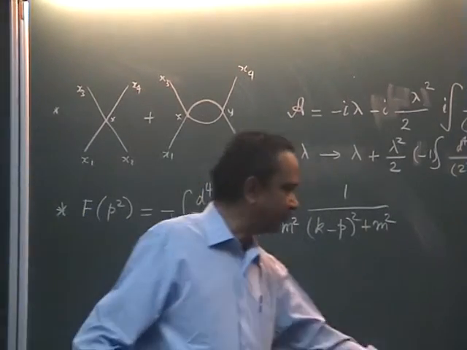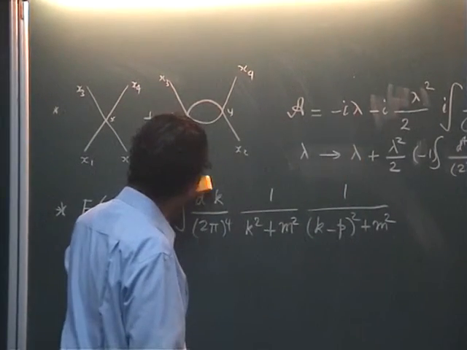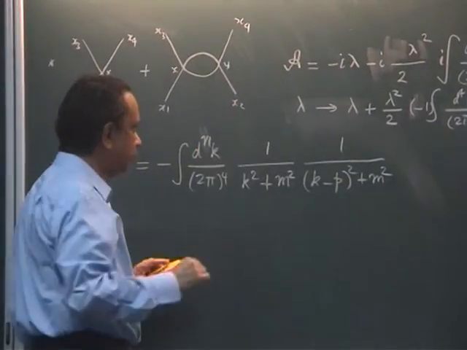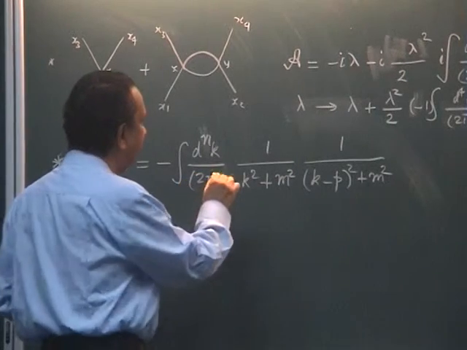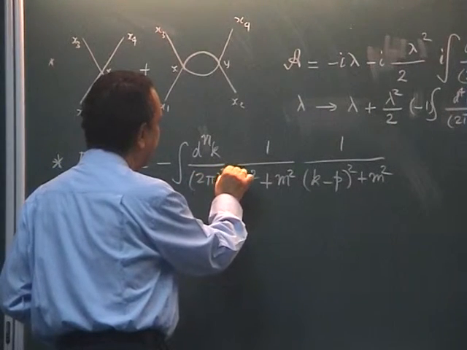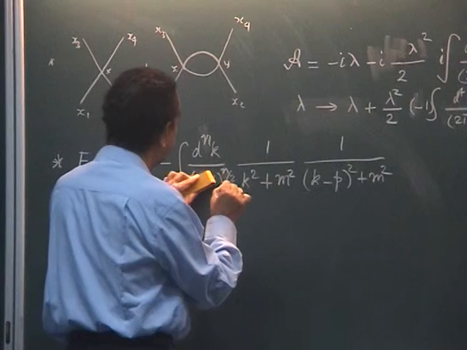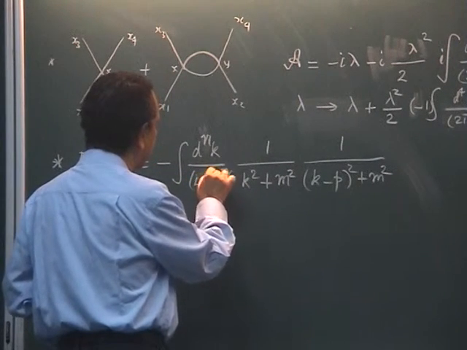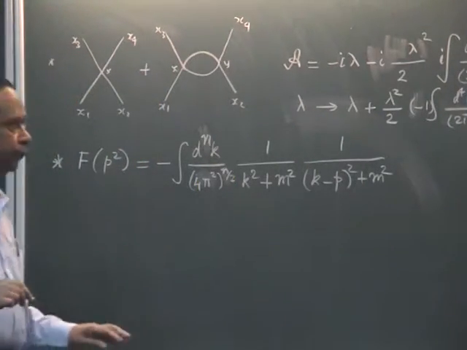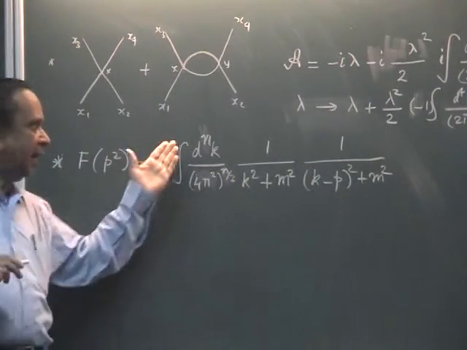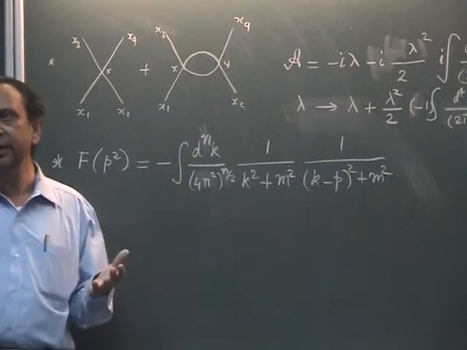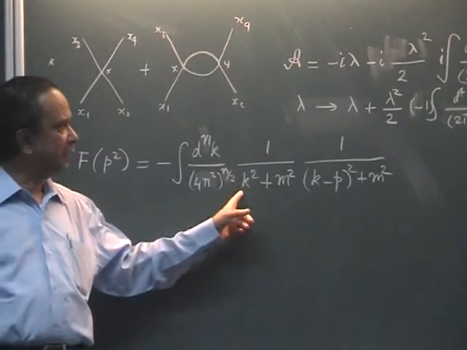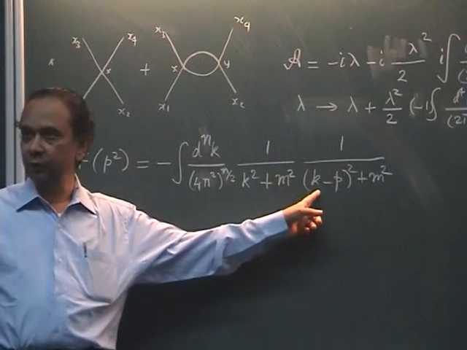So how will we do this? The way we will do this is we will write this as an n-dimensional integral. We will put an n here. In fact, we will put it as n by 2 4 pi square. Turns out to be useful later on. Okay. So if it is an n-dimensional integral, you can presumably think of values of n for which the integral is convergent. The integral is perfectly well defined near k is equal to 0.